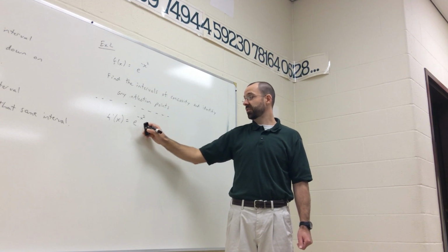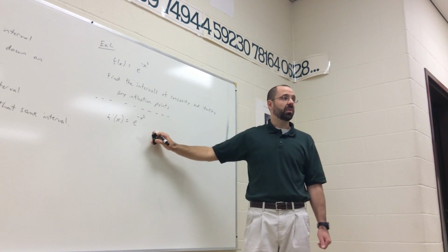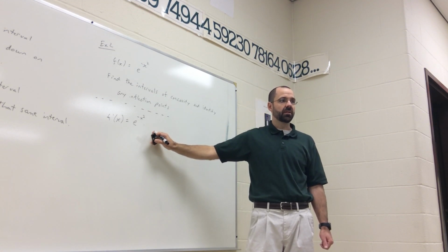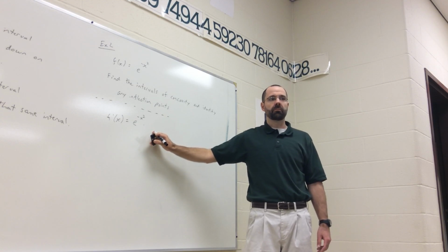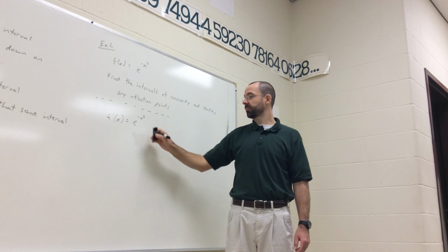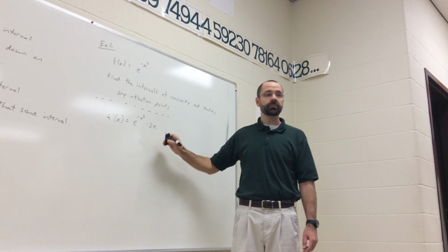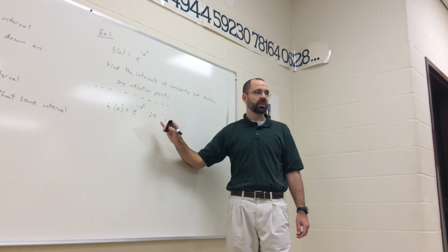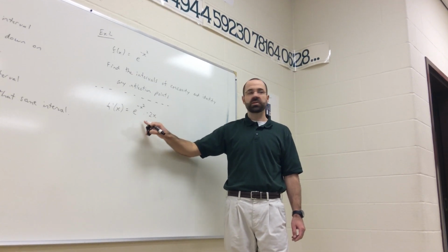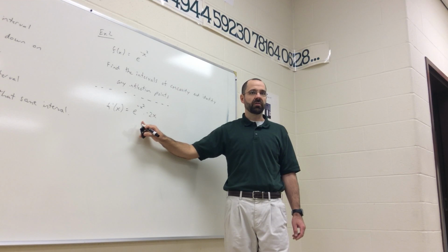And then to finish out the chain rule, you multiply by the derivative of the inside. So you have to figure out the derivative of negative x squared. That's negative 2x. So there's the first derivative. E's always bother people. Is everybody okay with that first derivative?